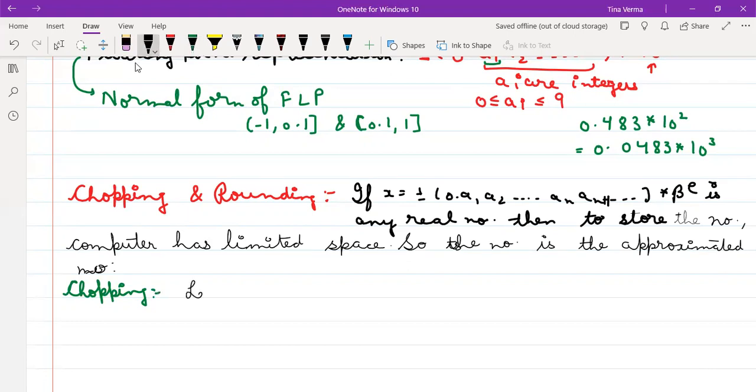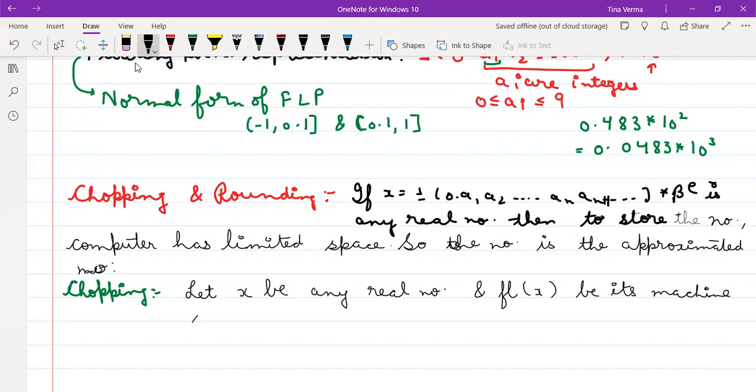Let x be any real number and fl(x) be its machine approximation. Here fl(x) means I am using the floating point representation of a number.